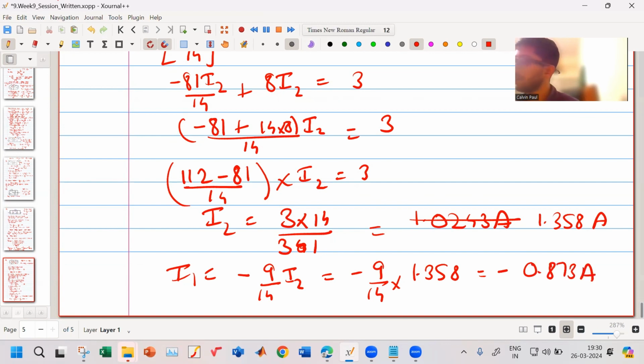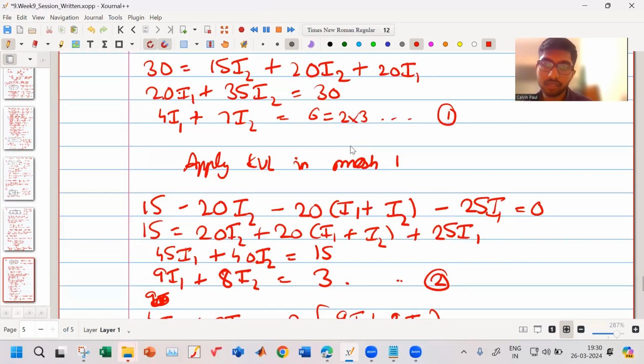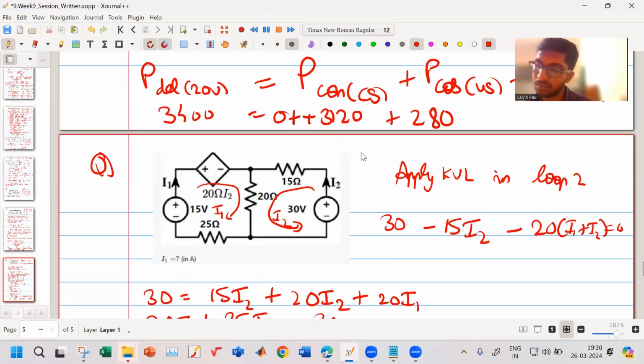Okay. So this method is much more easier to solve. According to me, this is a much easier method to solve this question 1. Yes, sir. Using question 1 only, we are solving it using mesh analysis.